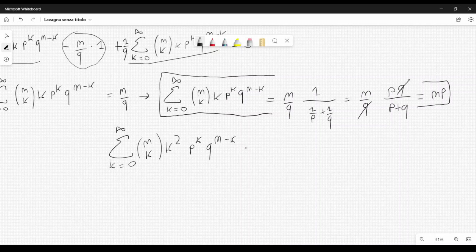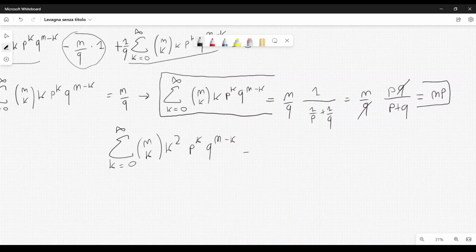So we have to find this, and in particular, first we will find this. This is not exactly the variance, because the variance, instead of k squared here, considers k minus the average, which is np, squared. But in order to find the variance, we first have to calculate the average of k squared.